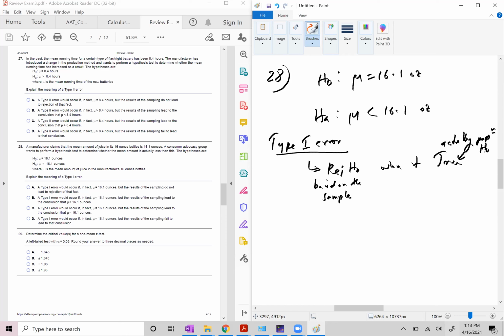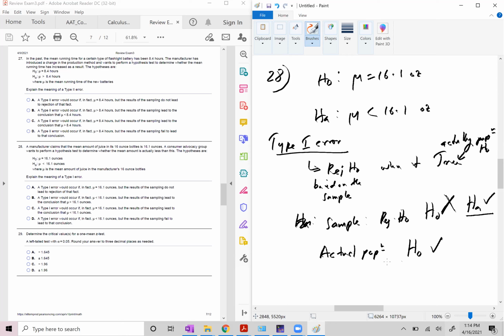Based on the sample, the sample says reject the null. But in the actual population, the null is correct. Reject the null means the sample says null is wrong. That means the alternative is correct. So the sample says alternative is correct, but in the actual population, null is correct.